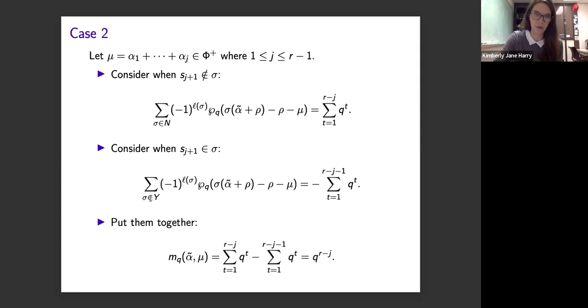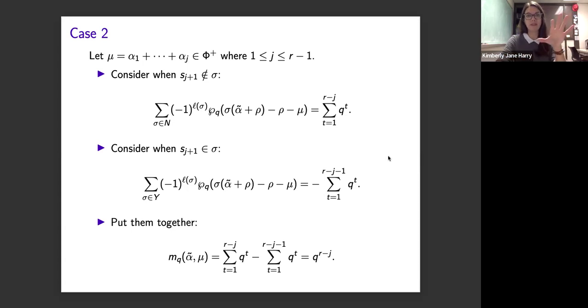So again I put a y for yes, it's in there. And again, like before, a lot of combinatorial things happen between my left and right side of this equation. But what we want to point out is that I have a negative sum of q to the t, where t ranges from 1 to r minus j minus 1.